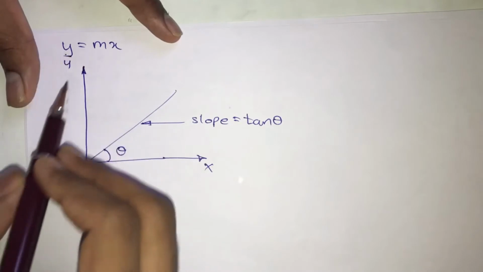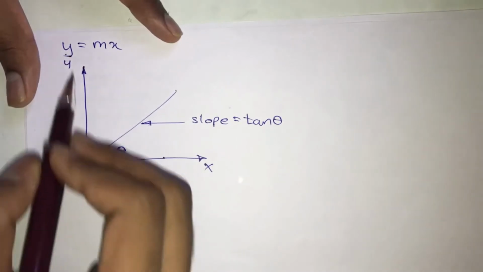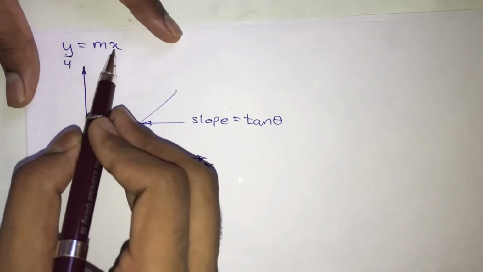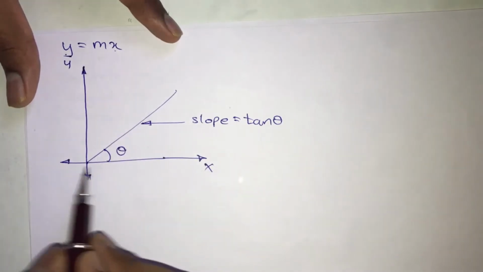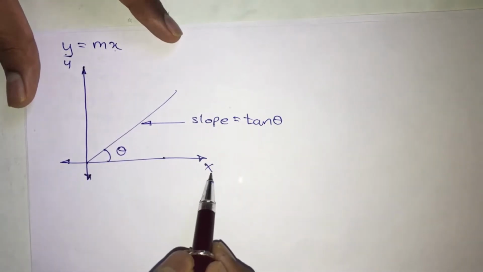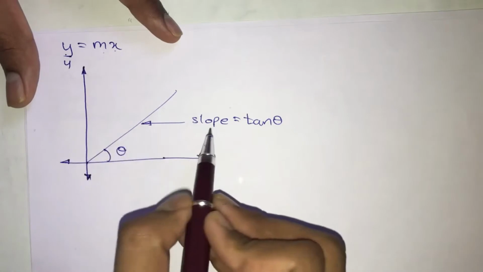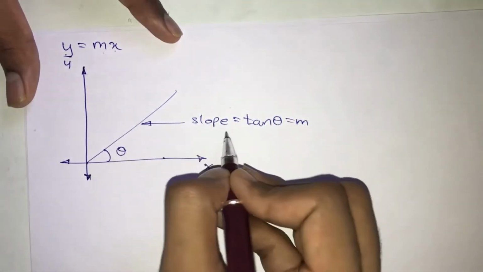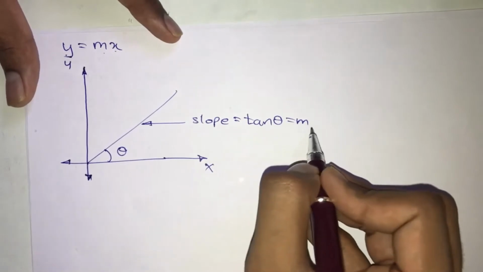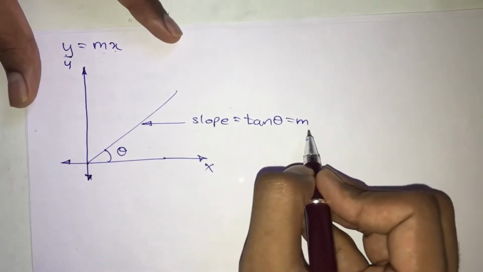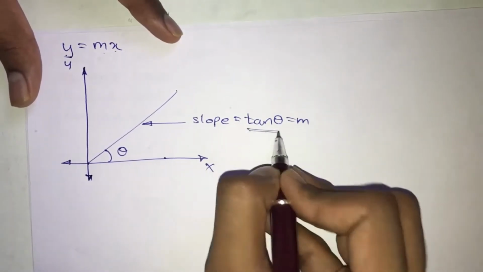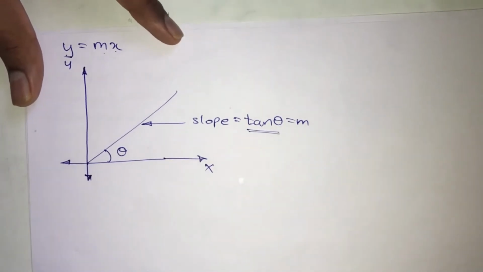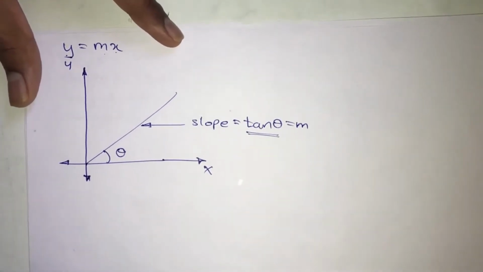This y stands for the variable along the y-axis, this x stands for the variable along the x-axis, and this m is simply your slope of the line. So this slope is represented by m, and the formula for finding the slope is simply tan of theta. Okay, so I hope this much is clear for you guys.